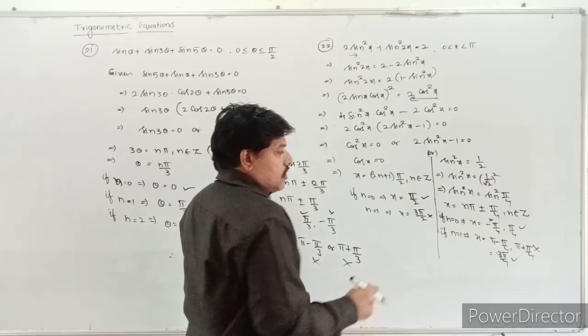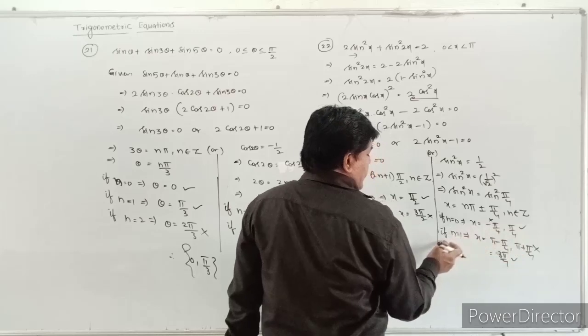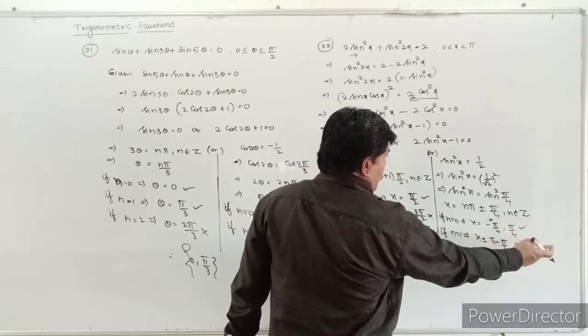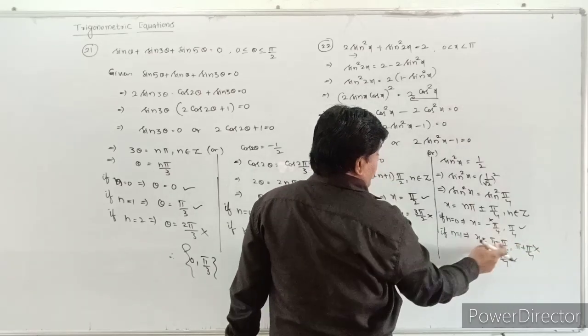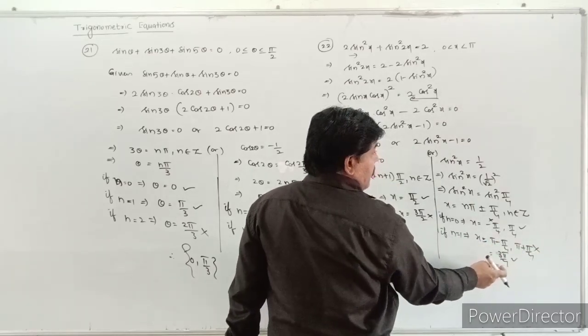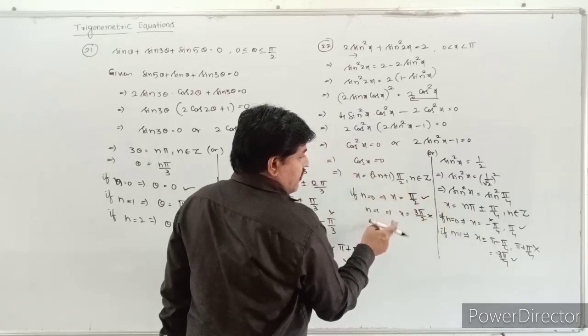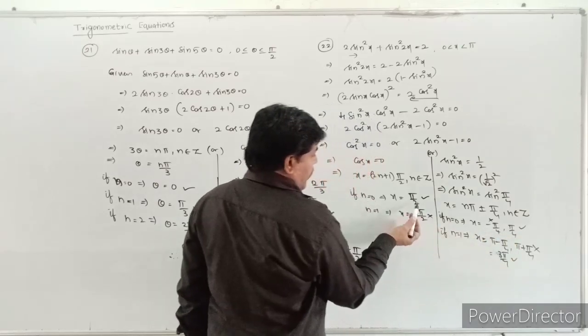So what are those values? If n is equal to 0, x is equal to minus pi by 4 and pi by 4. If n is equal to 1, x is pi minus pi by 4 and pi plus pi by 4. 180 plus is not there. So pi minus pi by 4 is 3 pi by 4, which is there from 0 to 180. So you can take this value and this value. So pi by 4, 3 pi by 4, pi by 2.